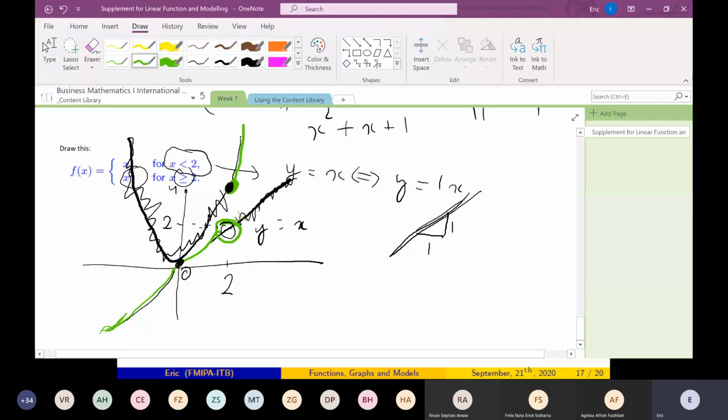We draw x squared, and we eliminate it when x is less than 2. If I combine this one, it jumps from this to this. This is what you usually call the piecewise defined function.